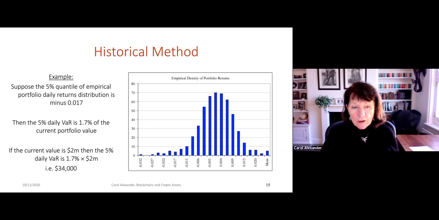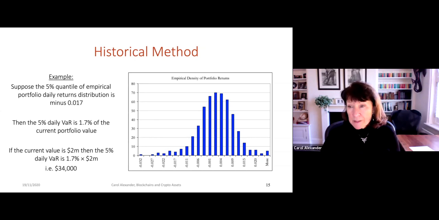So if the portfolio value is 2 million, then we come up with 34,000 as the 5% daily VaR. In other words, we're fairly sure that we won't lose more than 34,000 over the next day if we don't do anything, if we don't rebalance the portfolio. How sure? 95% confident that we won't lose more.